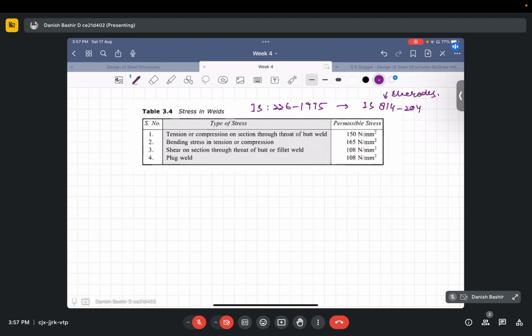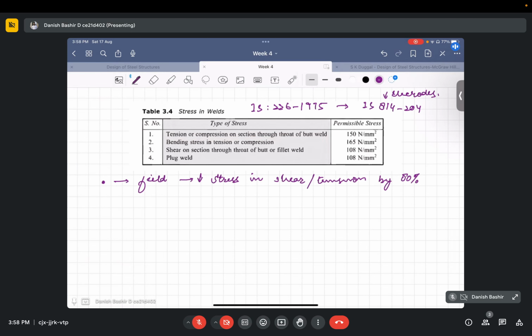The important point is that if welding is done in the field, we have to reduce the stresses in shear or tension by 20%, so 80% of the values.